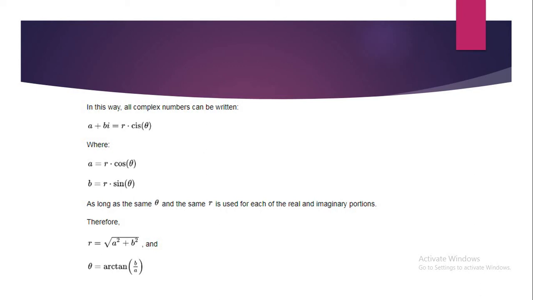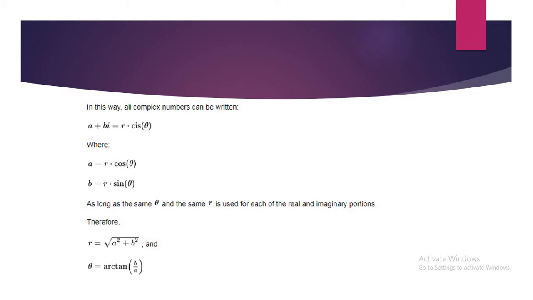So to do that, we move to the next step. Everything inside the bracket must be multiplied to the power of 2, because now it's inside the bracket. So in the next step, we're going to have r squared is equal to a squared plus b squared.